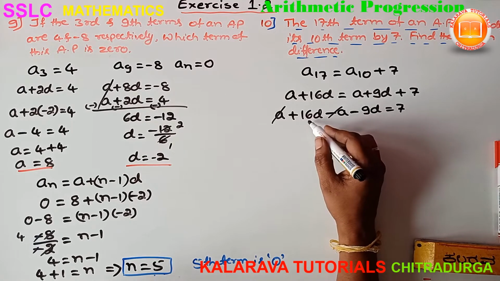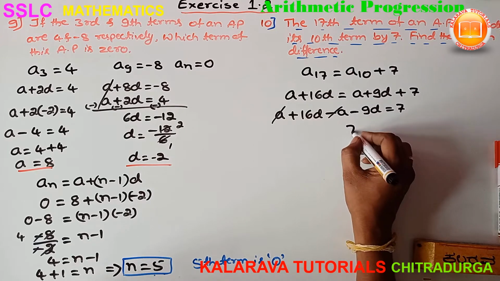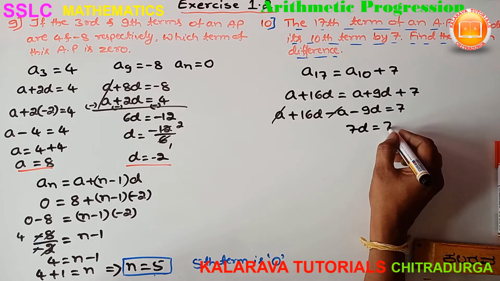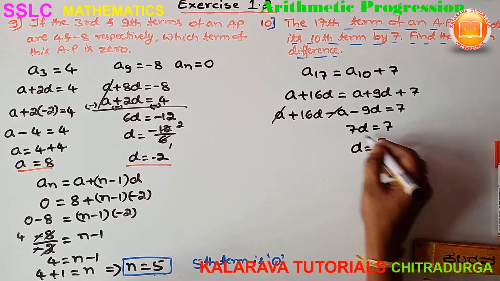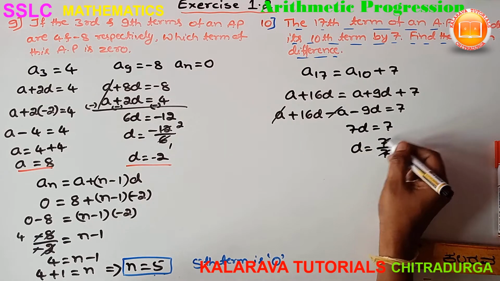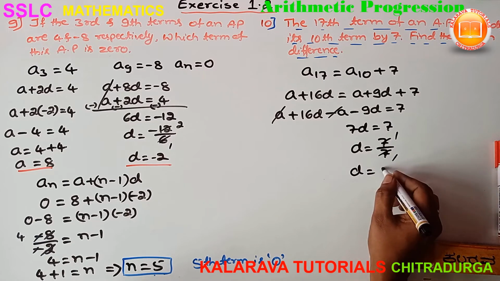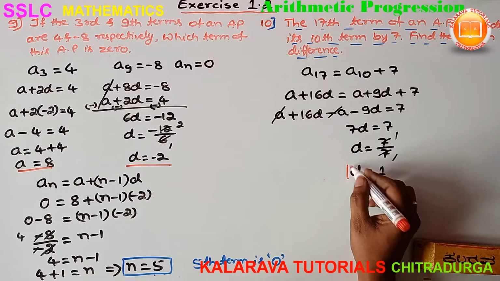By subtracting this, we get 7D is equal to 7. So for finding D, you have to transfer this 7 to the right hand side, that goes to the denominator. 7 ones are 7, that is D is equal to 1, we get the answer. Here D is equal to 1 is the answer.